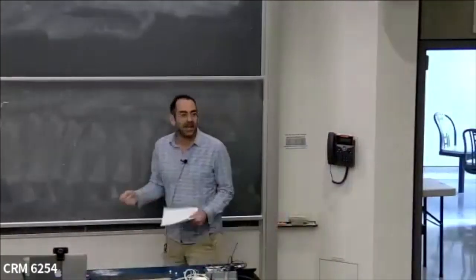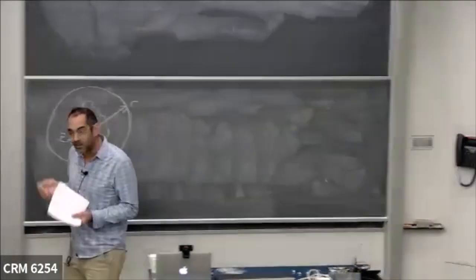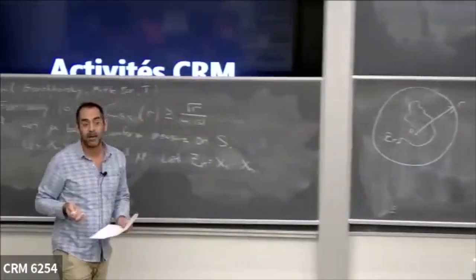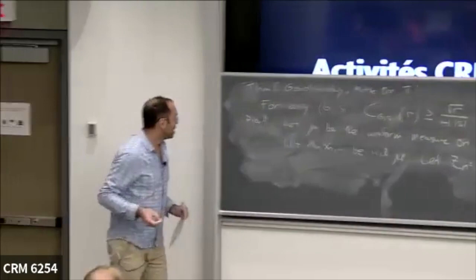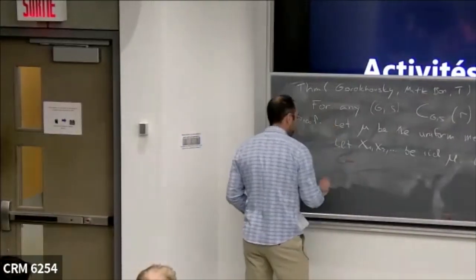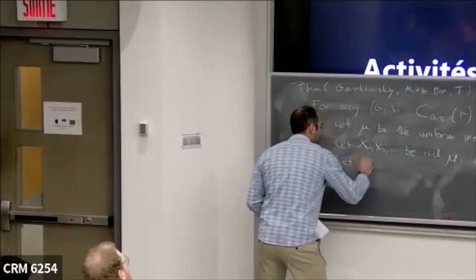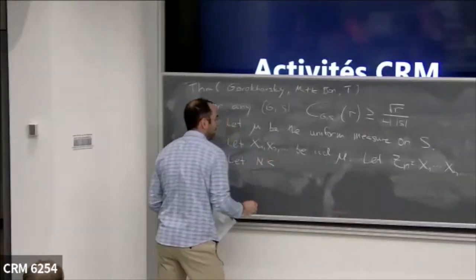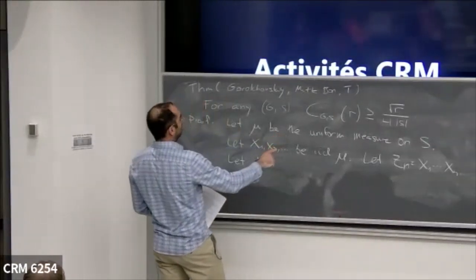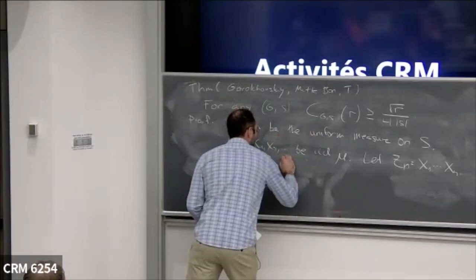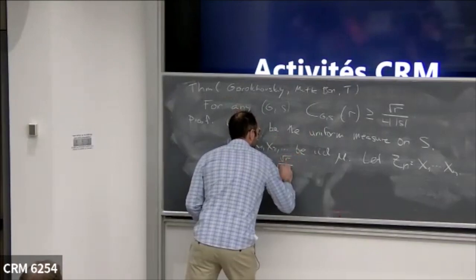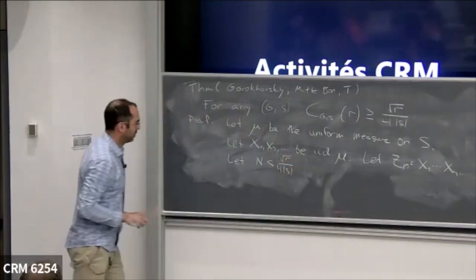Why? Because I've taken r steps, so I'm inside. So with probability 1, I'm inside the ball of radius r. And I'm going to let n be less than root r over 4 times the size of S.